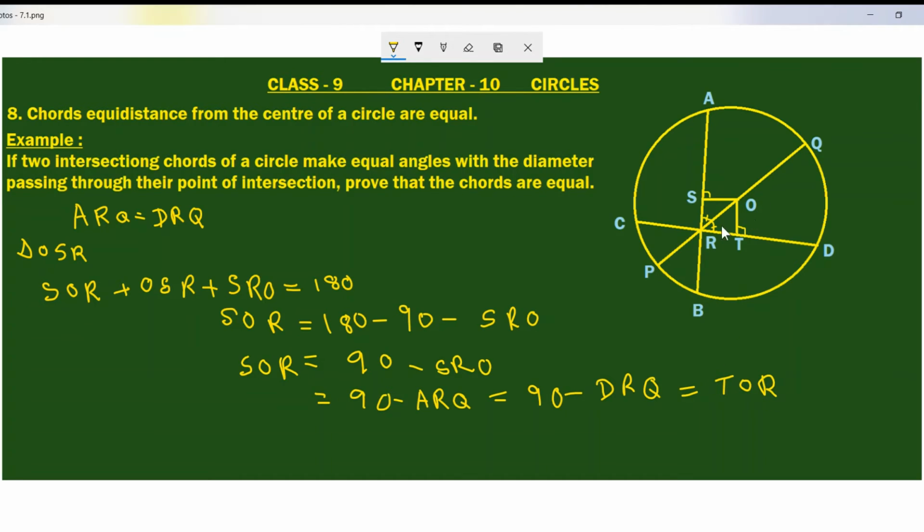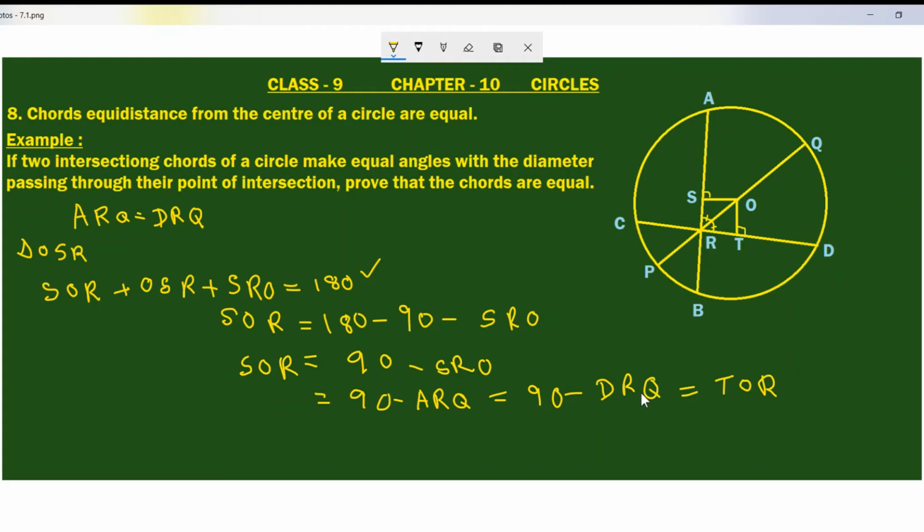If you take triangle ORT and write the triangle sum property like this, then you will bring this same way. TOR is equivalent to 90 minus this ORT. So ORT we can write as QRD as well.